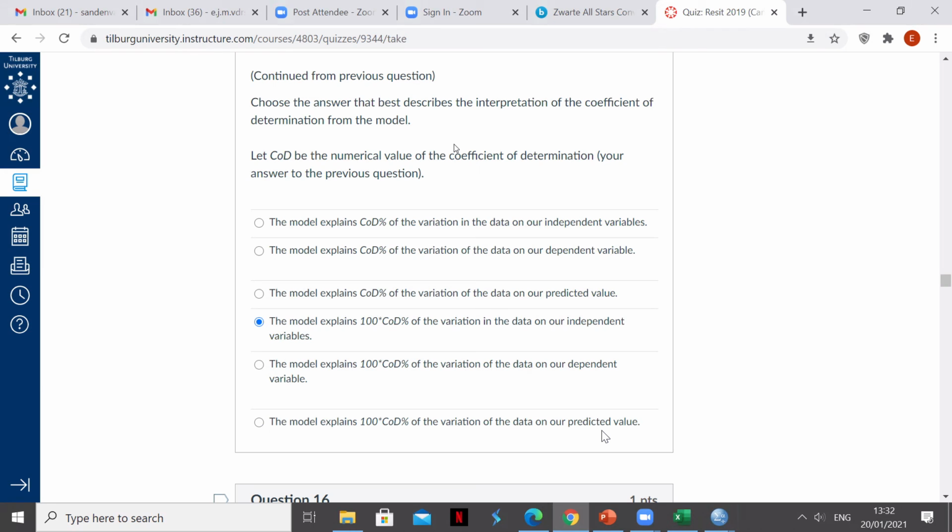Okay, so then it's either this or this one. The model explains 100% of the variation in the data on our independent variables. And really, it's one of those. It's a bit difficult to explain. I had this one wrong myself. But it's this one.